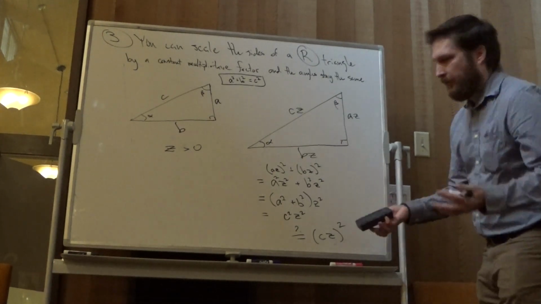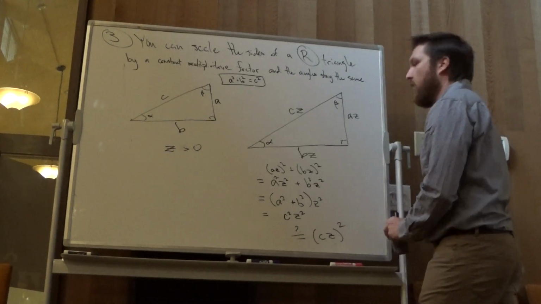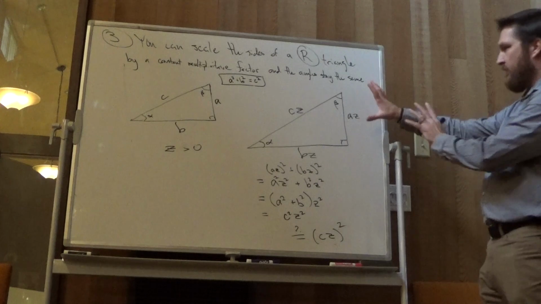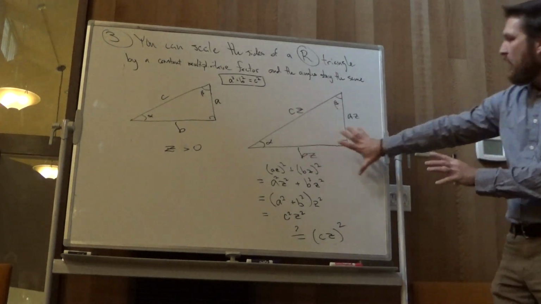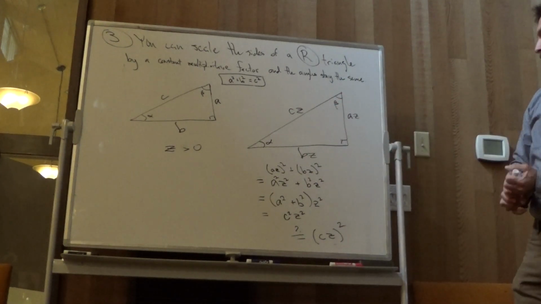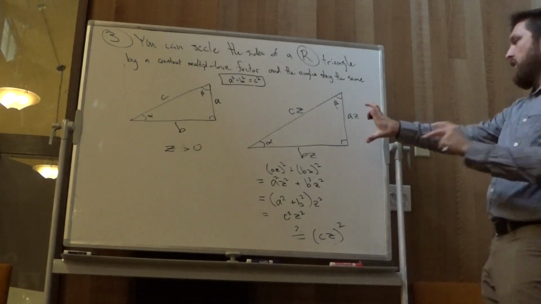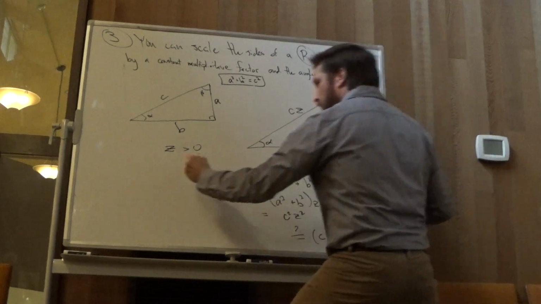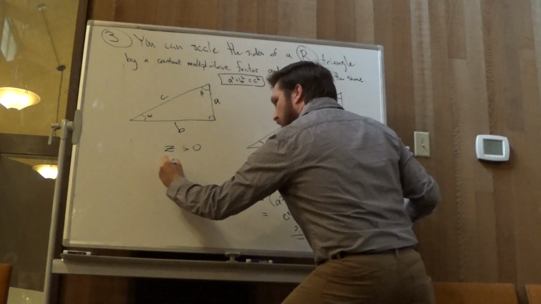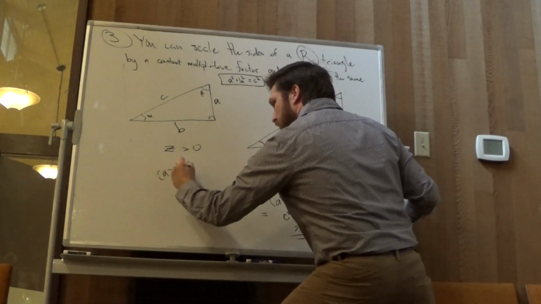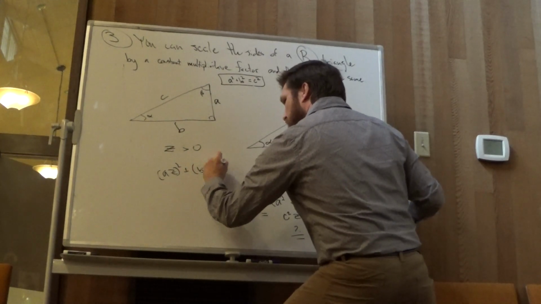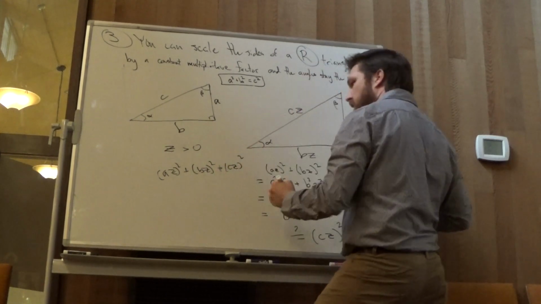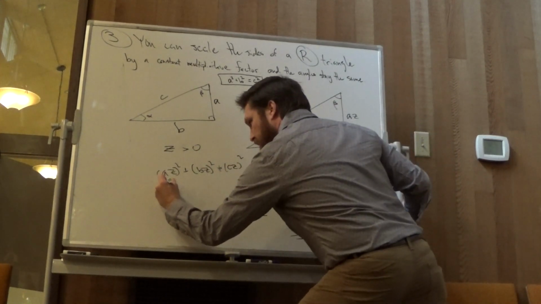So, slightly harder. It's still not bad. At least it remains a right triangle. And you can see that also going in reverse, right? We could start with one that has already been scaled and we know it's a right triangle, then you end up with this kind of thing, AZ squared plus BZ squared equals CZ squared, and we just start moving like this.